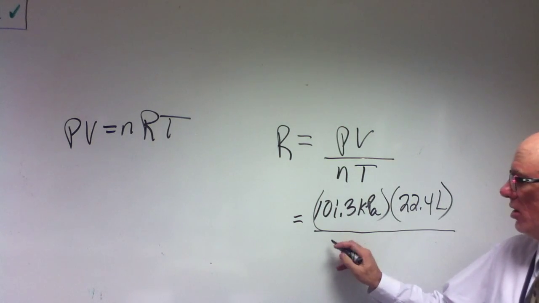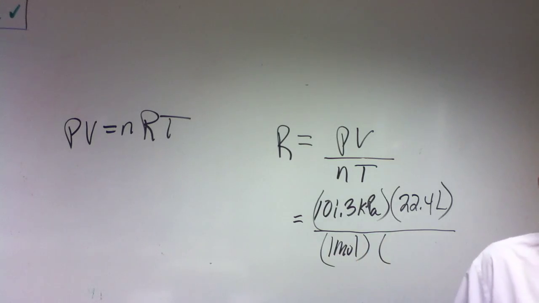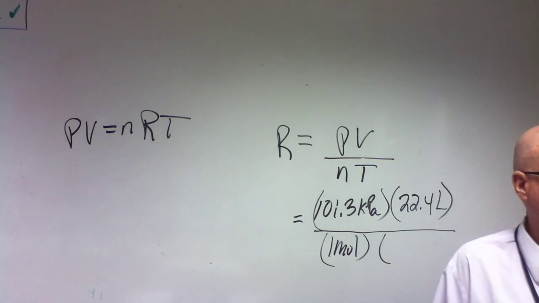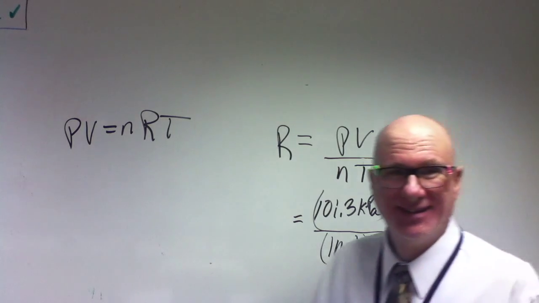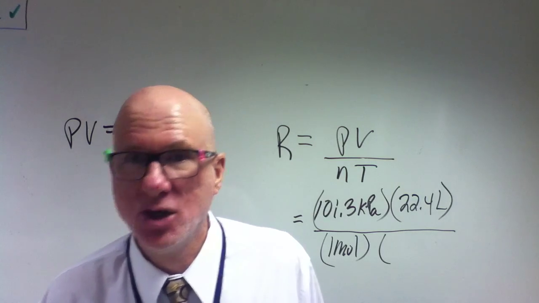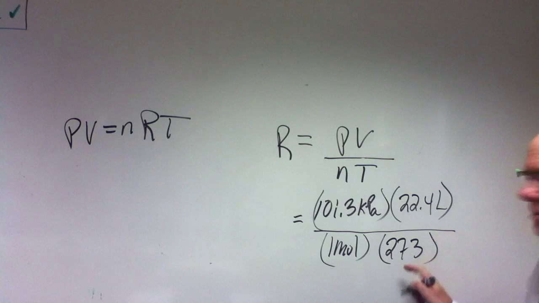So it's going to be 1 mole. And then what's the temperature? STP, 0 degrees Celsius. What is it? 273. Actually, you could bring that out to 5 significant figures, but we don't care.